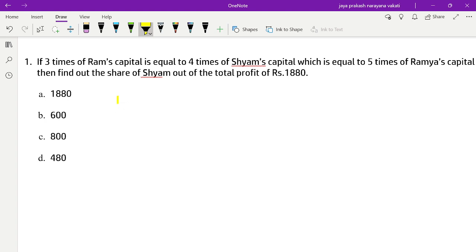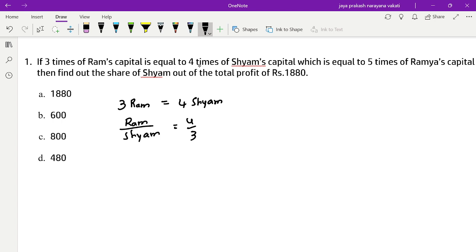It's given as 3 times Ram's capital is equal to 4 times Sham's capital. With this, what is the Ram to Sham ratio I got? 4:3.